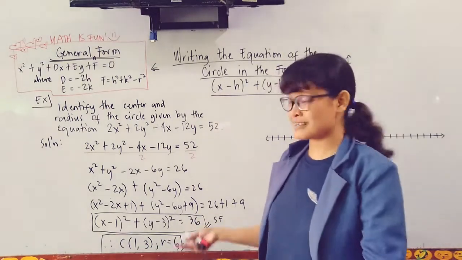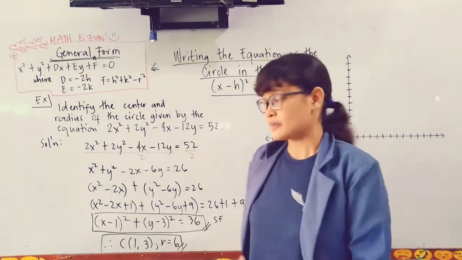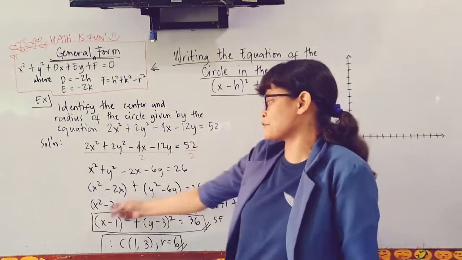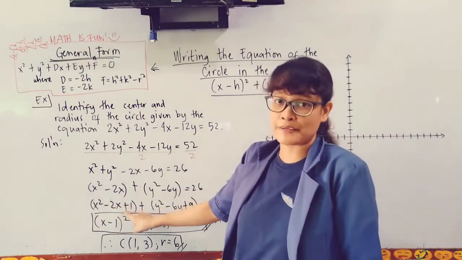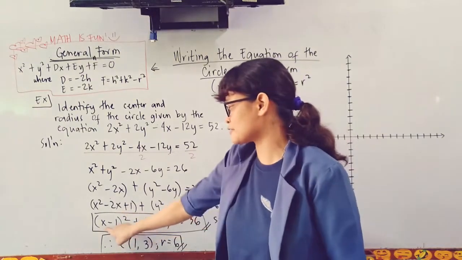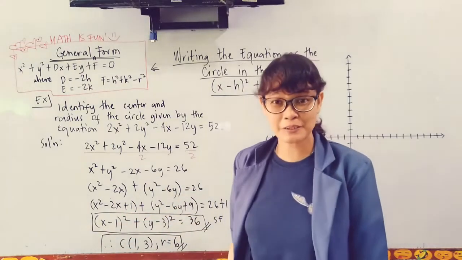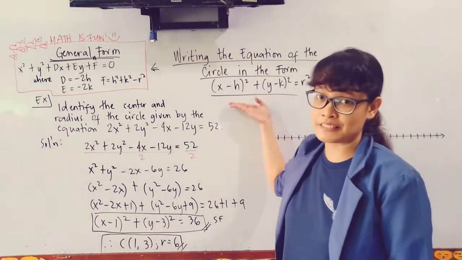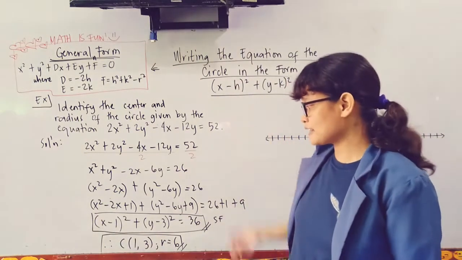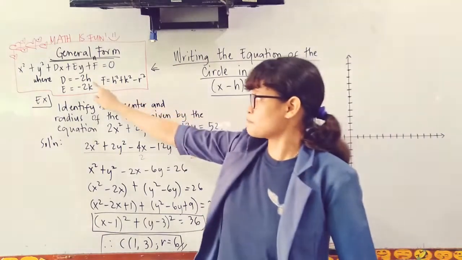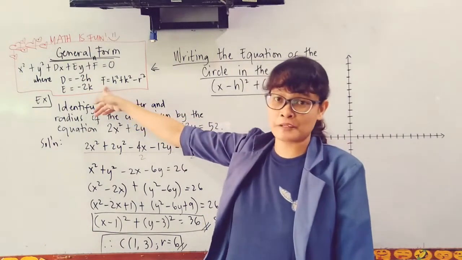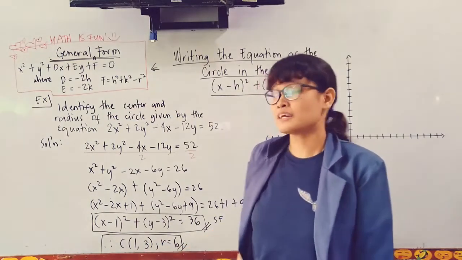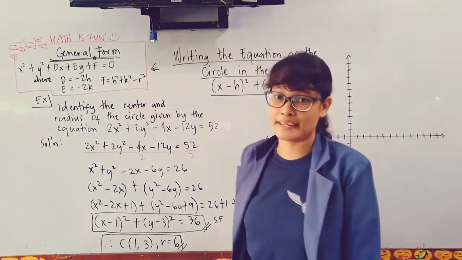Kadalasan ito din yung commonly used kasi it gives you the convenience na right after factoring this one, yung perfect square trinomial, you know that the resulting factored form is actually yung mismong standard form ng circle. So, the advantage ng paggamit ng formula dito sa denotation is that it saves you a lot of time, tapos ma-determine mo naman na din.